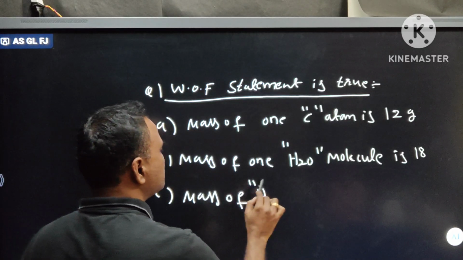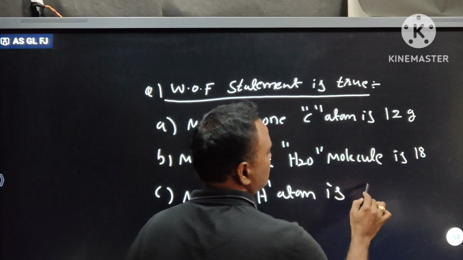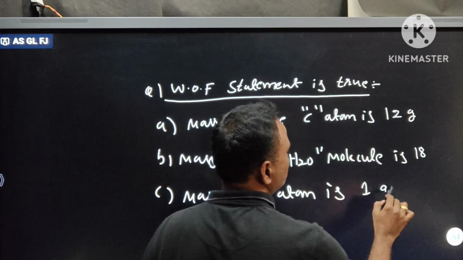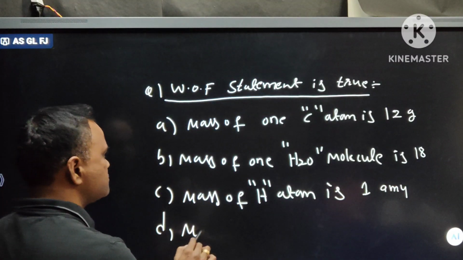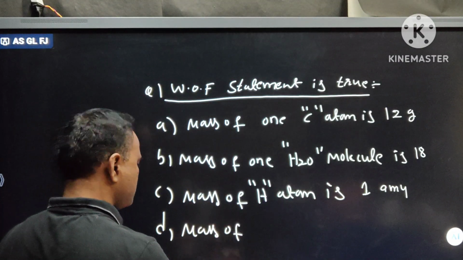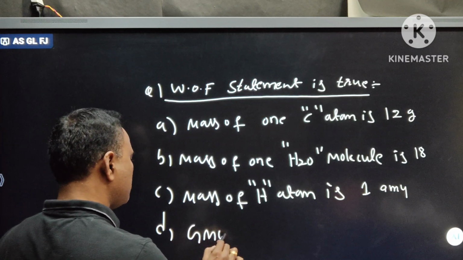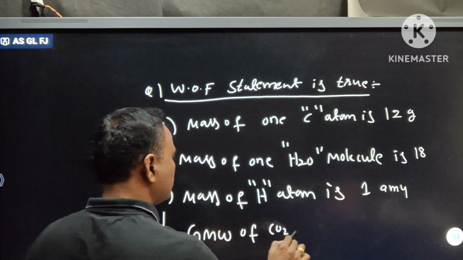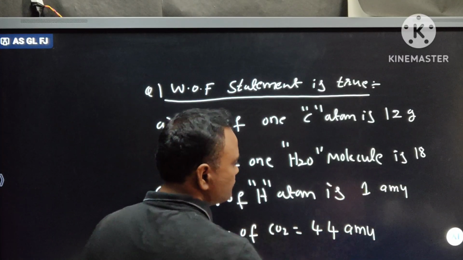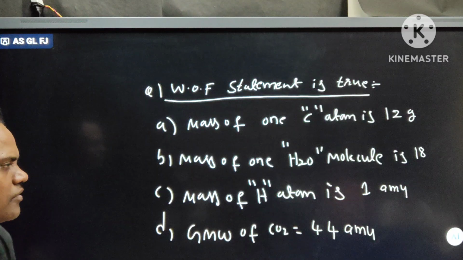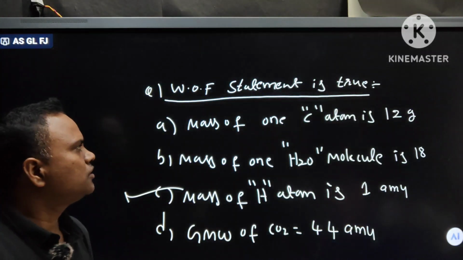Mass of hydrogen atom is 1 AMU. Gram molecular weight of CO2 is equal to 44 AMU. Answer is C. Why is the first one wrong?